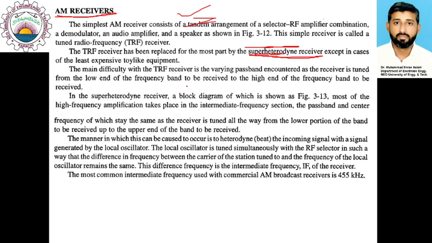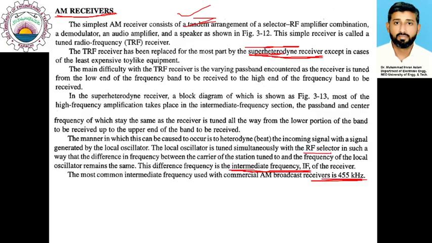However, in the super heterodyne receiver the setup is implemented in 2 stages, or sometimes more than 2 stages. There is an intermediate stage called the intermediate frequency stage, which for AM broadcast is generally taken as 455 kilohertz.